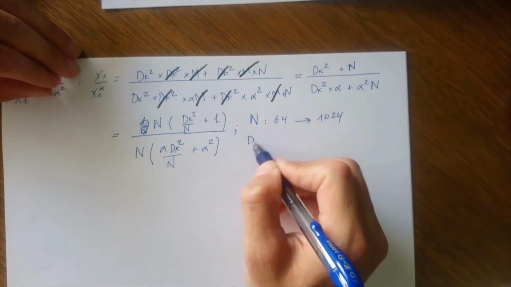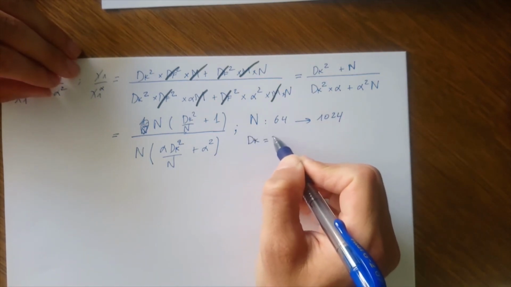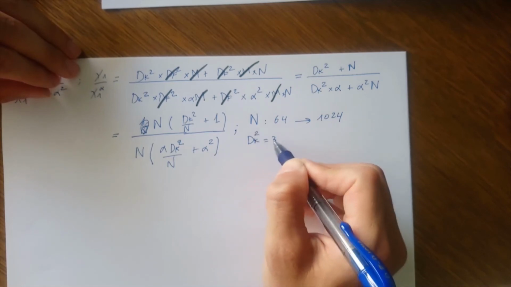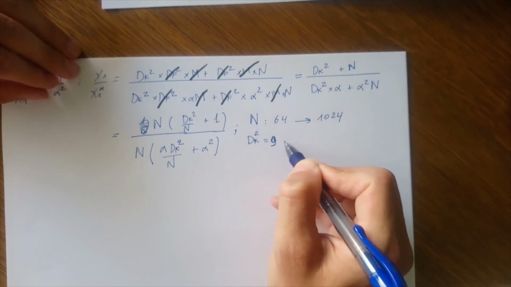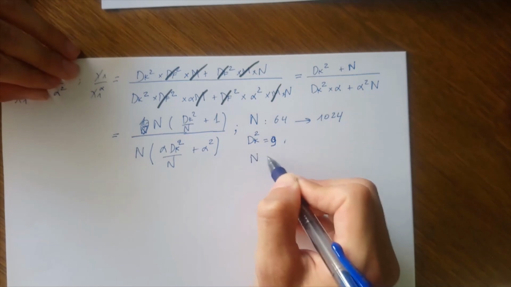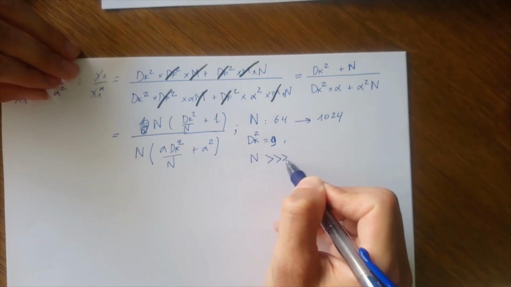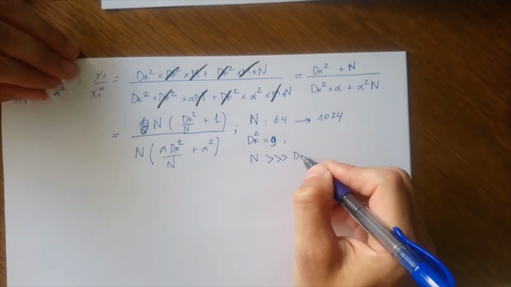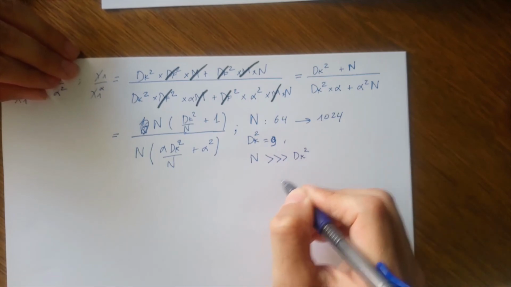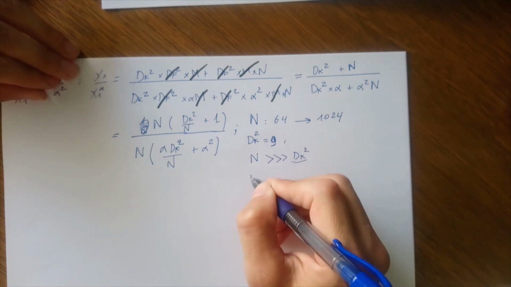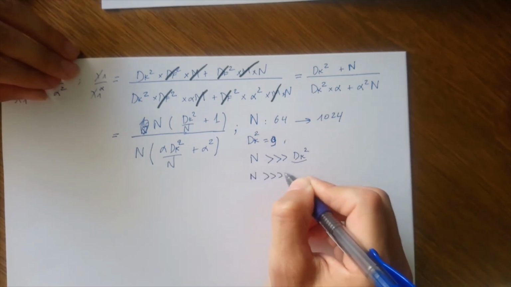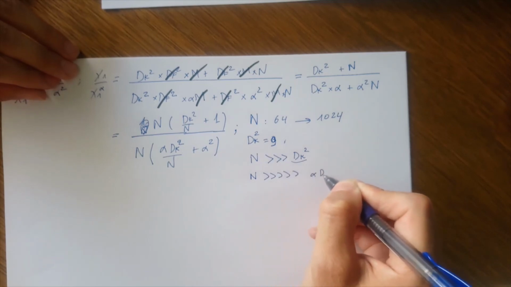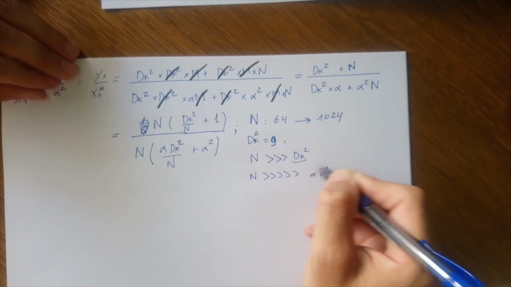The size of the kernel dk is 3, so dk squared would be 9, right? So you can see that n is much higher than dk squared. What if we multiply this by alpha? n would still be much higher than alpha dk squared, because this is smaller.